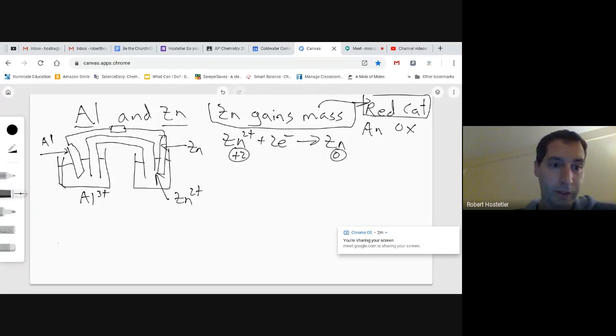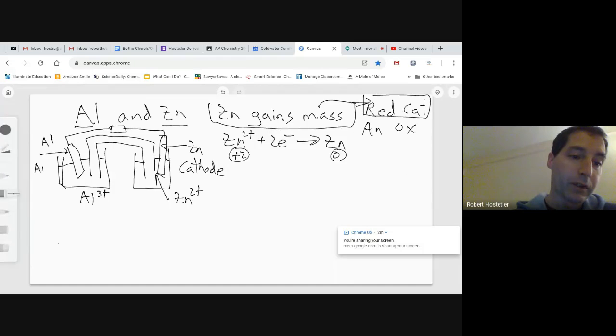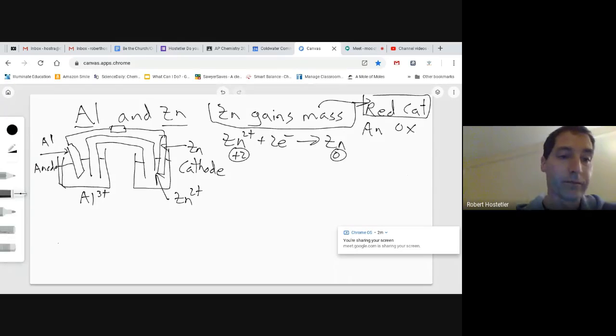Now, we know that the electrons travel through the wire from the anode to the cathode. So if the zinc is the cathode, then the aluminum has to be the anode, and the electrons are going to go through the wire from the anode to the cathode.